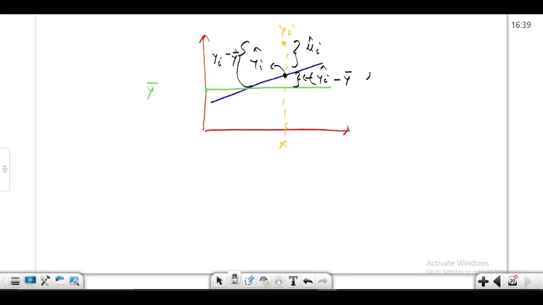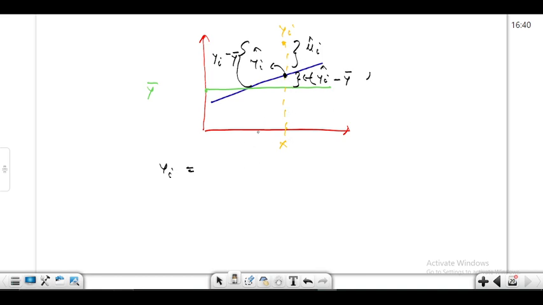Okay, so this yi value is being explained in terms of two forms, this form and this form.